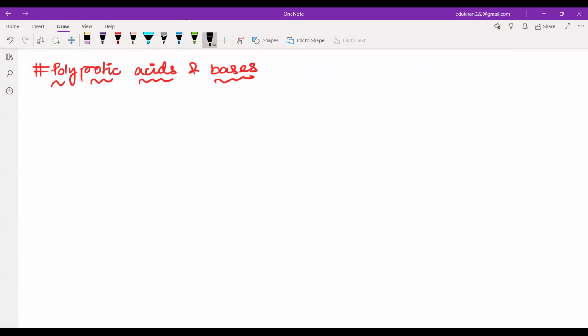Okay, so let me take an example of H2CO3. The first ionization that it can have is H2CO3 giving me H plus and HCO3 negative.